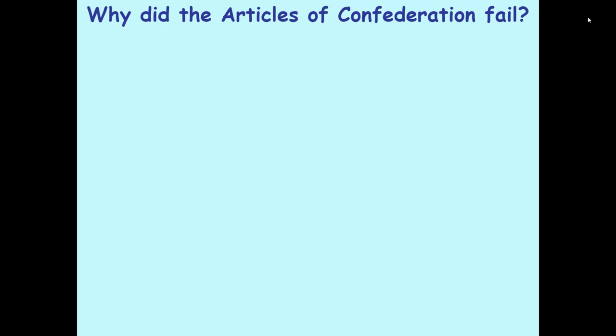So, why did the Articles of Confederation actually fail as a form of government? Why was its rule of law not as strong as it should have been? For one, America still had some major currency issues or money issues that did not get addressed or handled by this Articles of Confederation.